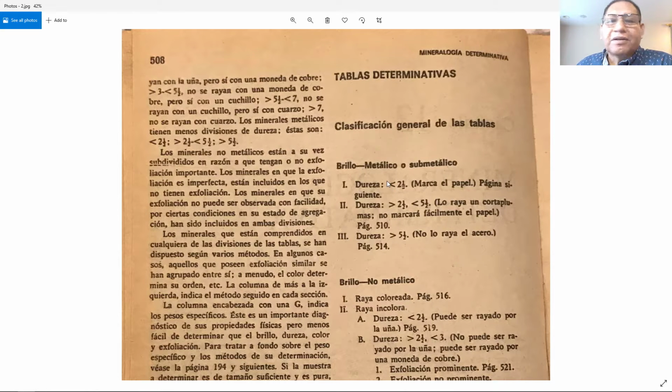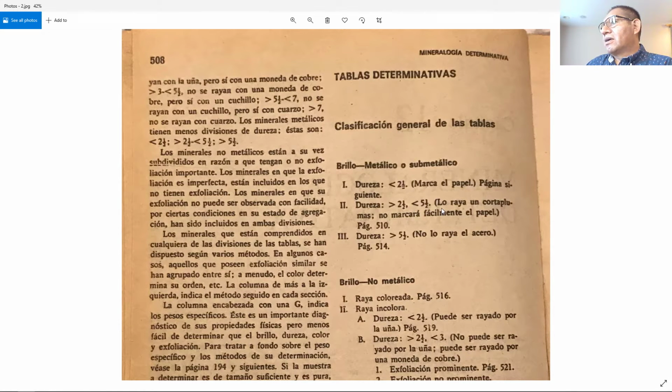Which minerals have hardness lower than 2.5? One is molybdenite, the second one is chalcocite, the third one is covellite. The other ones, chalcopyrite, bornite, and magnetite, which is a primary mineral too, are between 2.5 and 5.5.